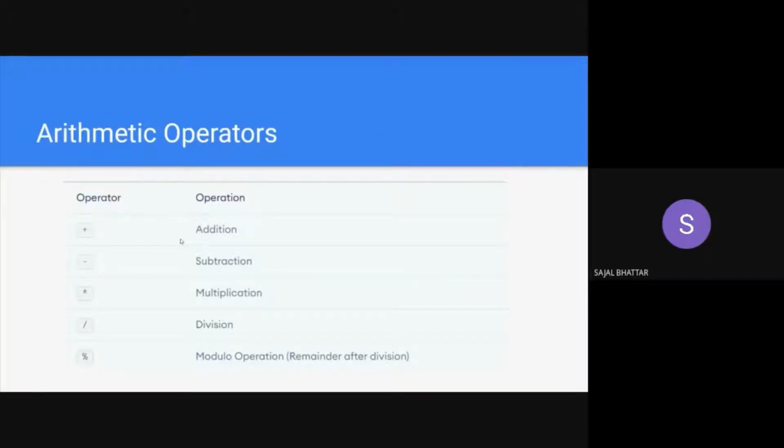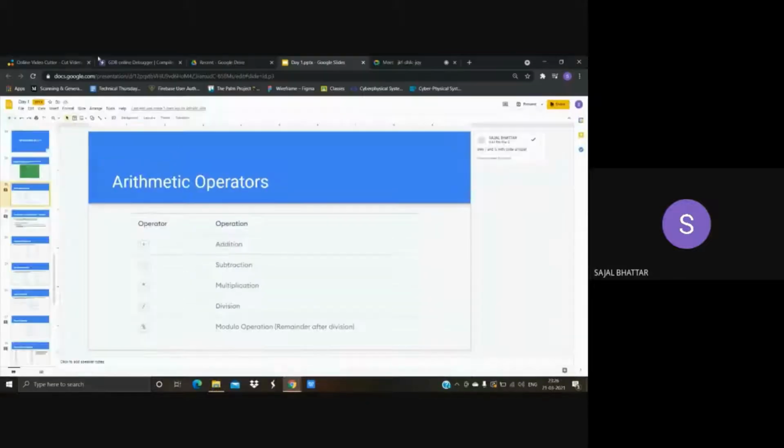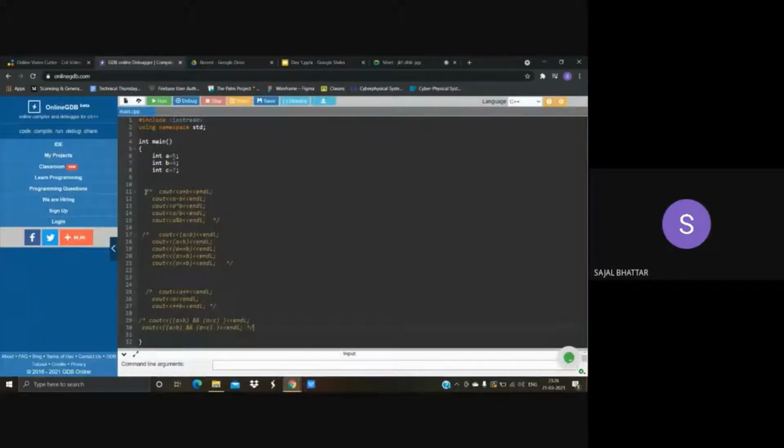So the first is arithmetic operators, the simplest of all, which just allows us to do mathematical calculation. And let's just look at some code for this. Alright, so we've considered two variables A and B, and we've given the value of A as 5 and B as 4.